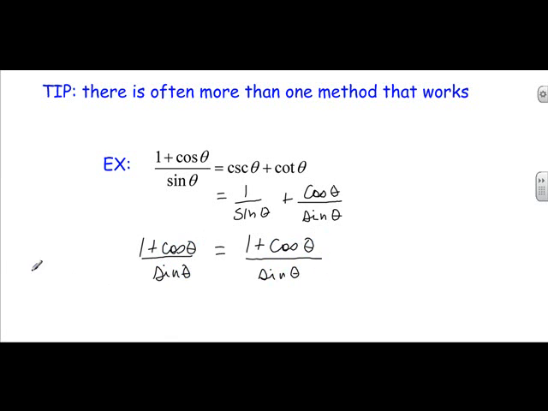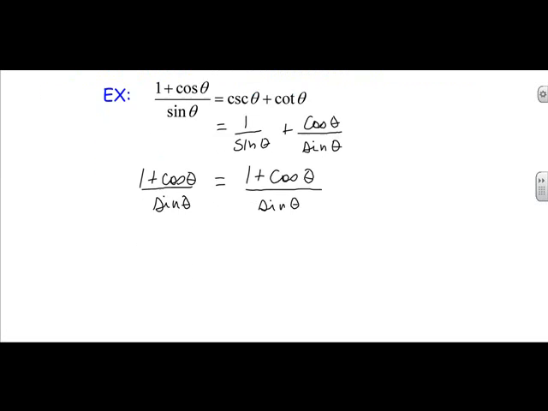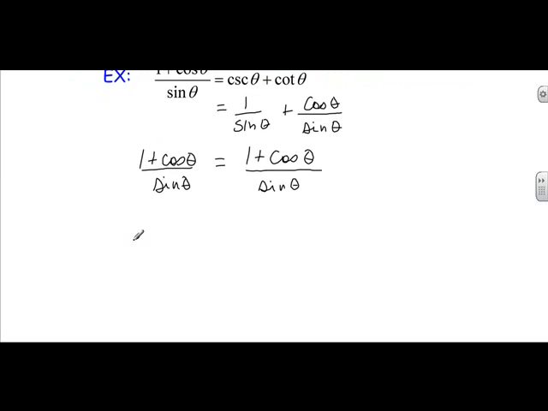The other option, of course, is to work on the left side of this equation. So, again, I'm going to copy the problem: 1 plus cosine theta over sine of theta equals cosecant of theta plus cotangent of theta.